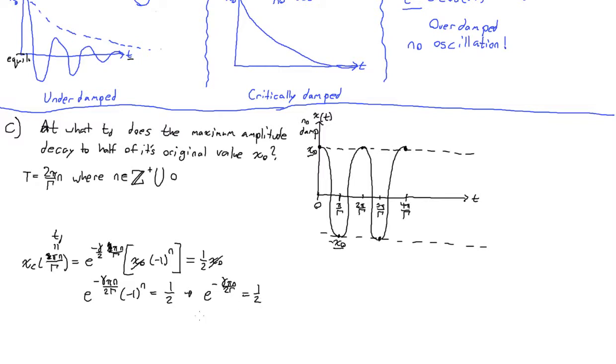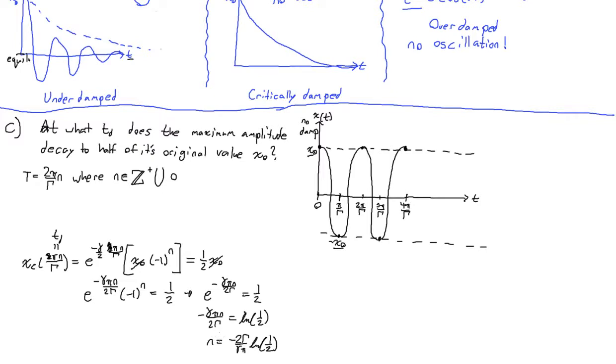Well, you take the natural log of both sides, and you get negative pi n over 2 gamma is equal to the natural log of 1/2. And then if you want to solve for n, you get that n is equal to negative 2 big gamma over little gamma pi natural log of 1/2, right?